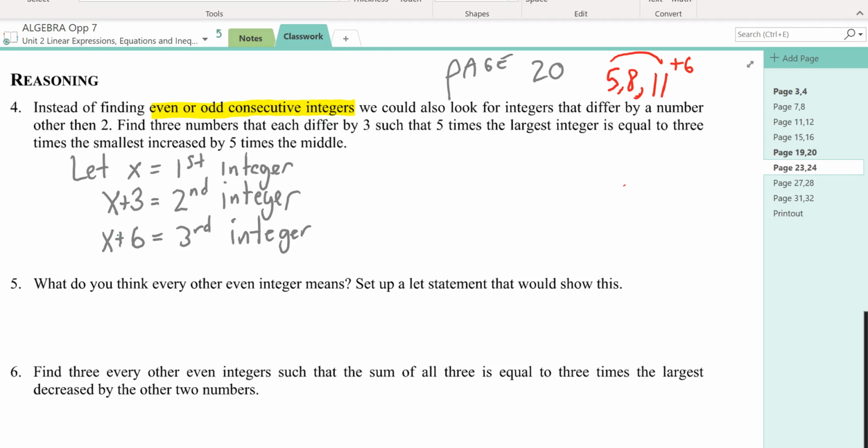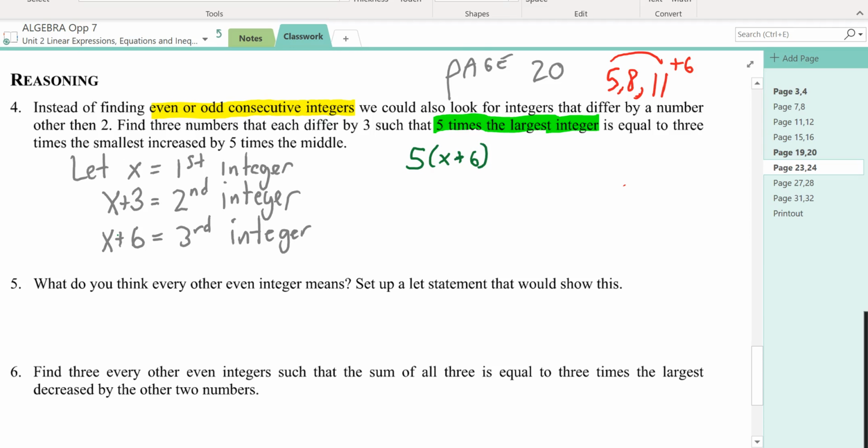Now it's asking us, five times the largest. That means 5 parentheses x plus 6. That's my largest, right?